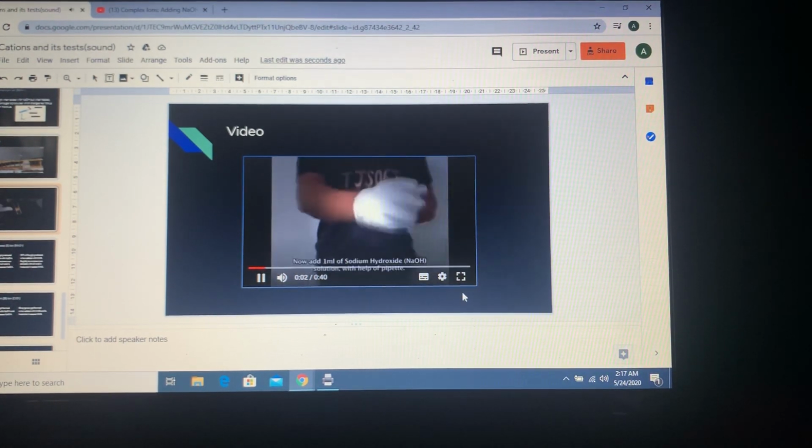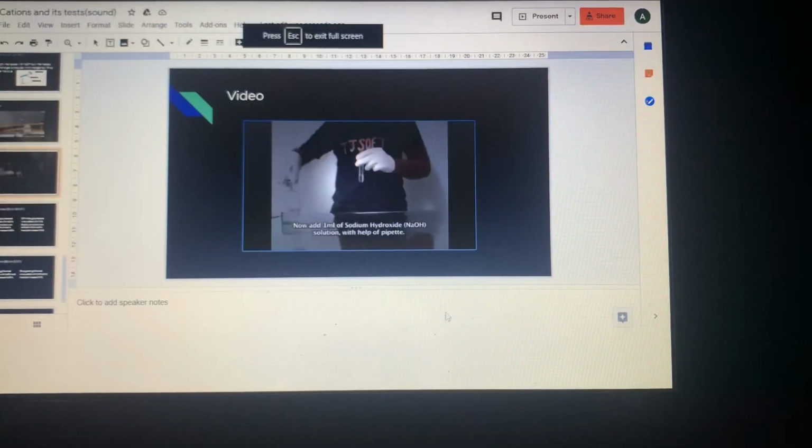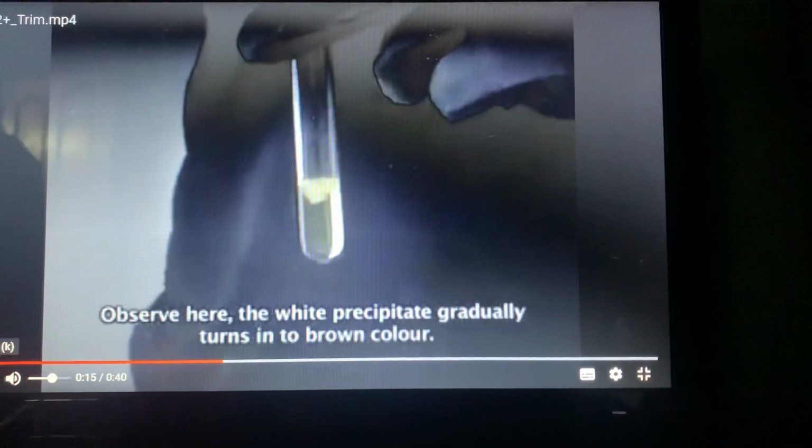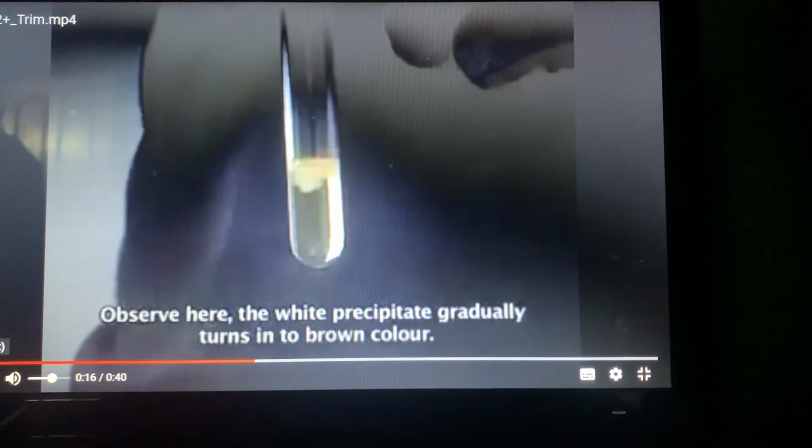Now add 1 ml of sodium hydroxide solution with the help of a pipette. Observe here, the white precipitate gradually turns into brown color. The white PPT quickly turns brown. That's why it was called off-white.